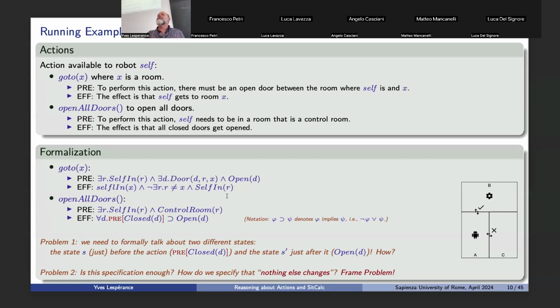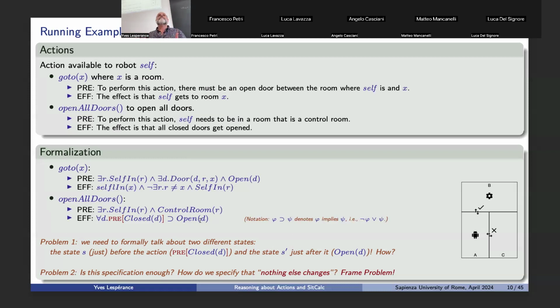So if a door was open before, it's still open after I go to a different room. If it's closed, it's still closed. Similarly for open all doors, it doesn't change what room the robot is in. It doesn't change which are the rooms, which doors connect which rooms. So nothing else changes, which is not explicitly written here.